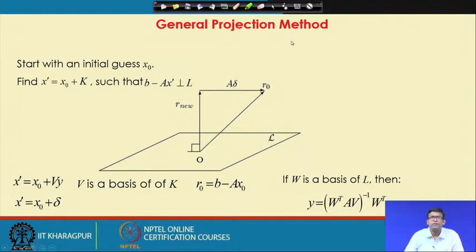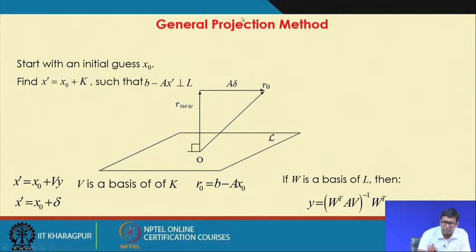So, we will quickly revisit what we are doing in the general projection method. We start with an initial guess x0 and we find an updated guess x prime, where x prime is x0 plus another vector in K, or a combination of a few vectors in K, and when we update this we keep b minus A x prime, which is the residual, perpendicular to another space L. That is the idea of the general projection method.